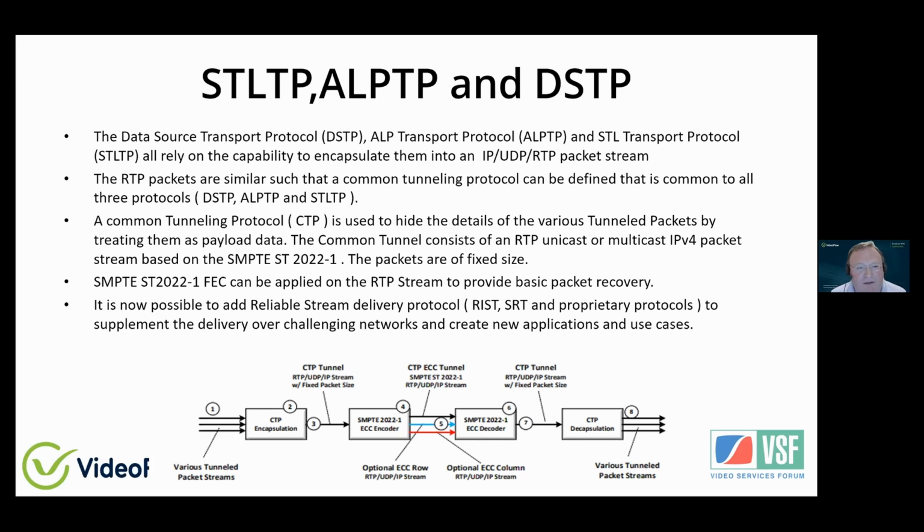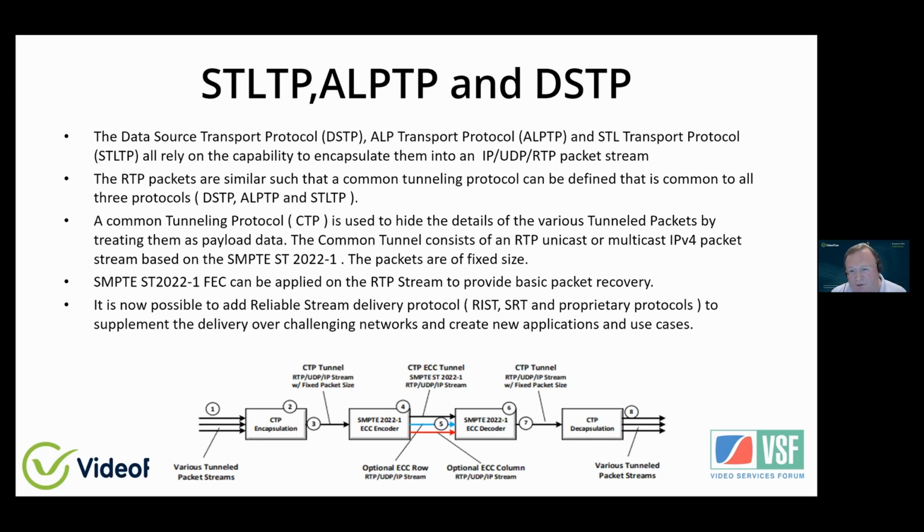So now we have an RTP packet that we can deliver. The RTP packets are quite similar so that a common tunneling protocol can be defined that is common to all three packet types. This common tunneling protocol, which is called the CTP, is used to hide the details of the various tunnel packets by treating them as the payload data.